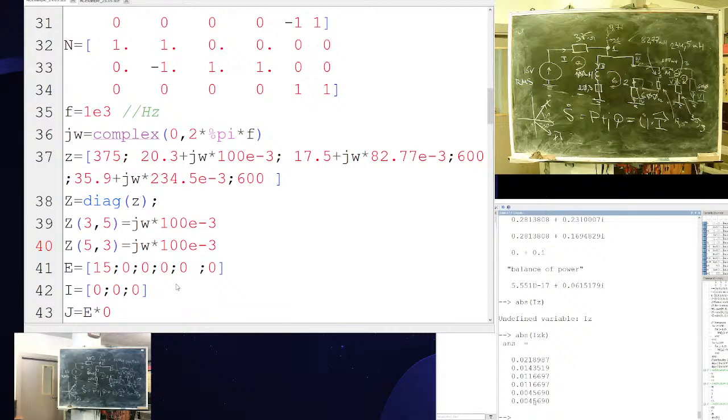But we need to take into account the internal resistance of the net. 4.3 instead of 4.6. Near? Near. I think we can live with this. So, I think we solved an AC network. Yeah?